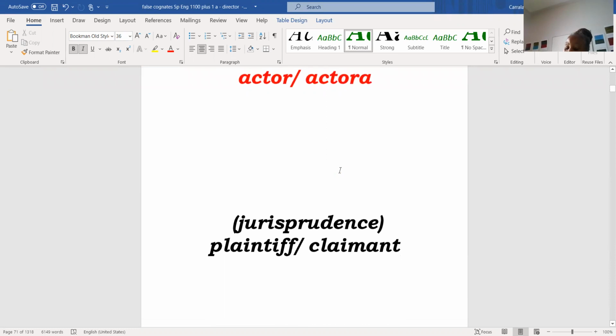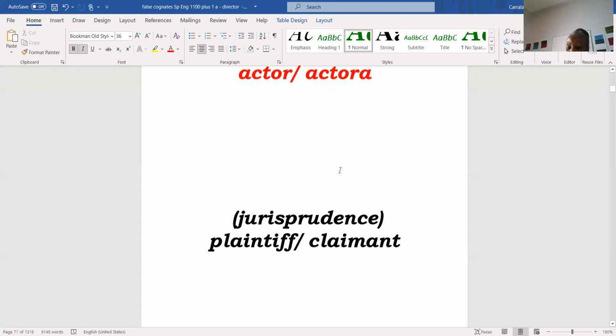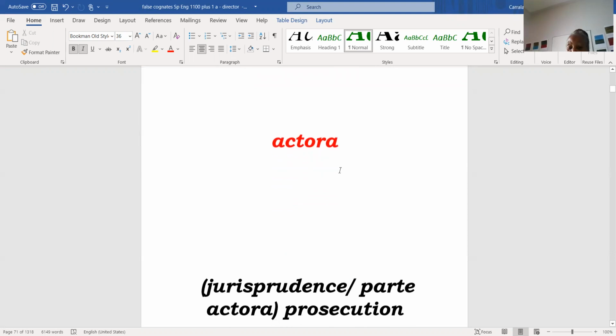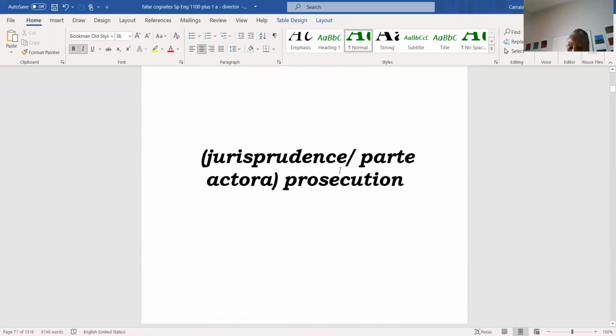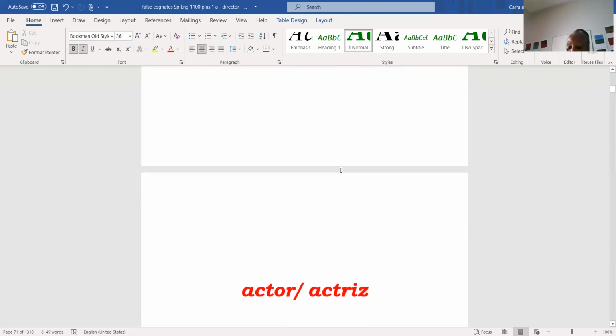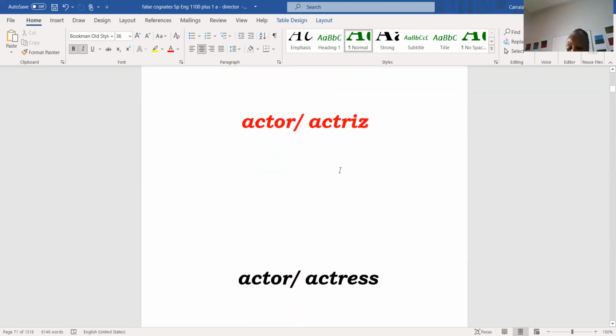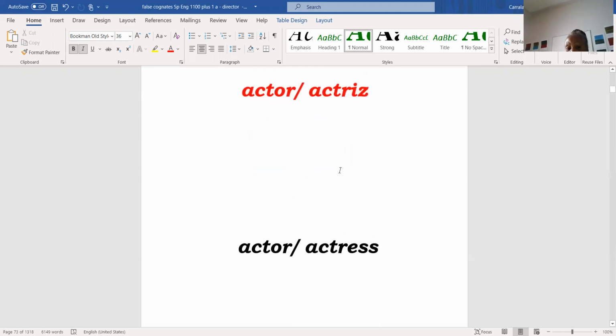See, in English the meaning is there, but it does not use the same thing in the same way. This is a semi-false. If you would use that word in Spanish and try to translate it, it wouldn't do. Now here it's true: actor, actriz, actor, actress.